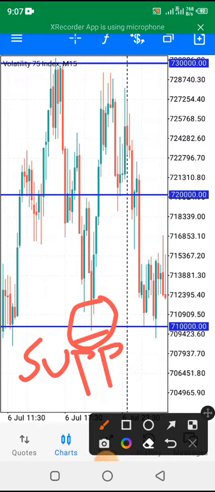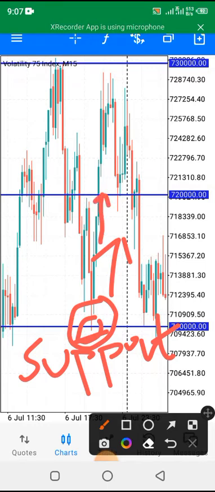And what do you do at support? You buy. When it just touched this 710,000 level, price shot up until here. You can see, guys, that acted as our support.